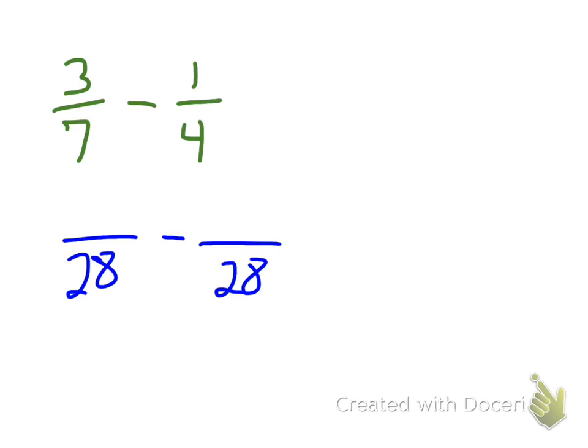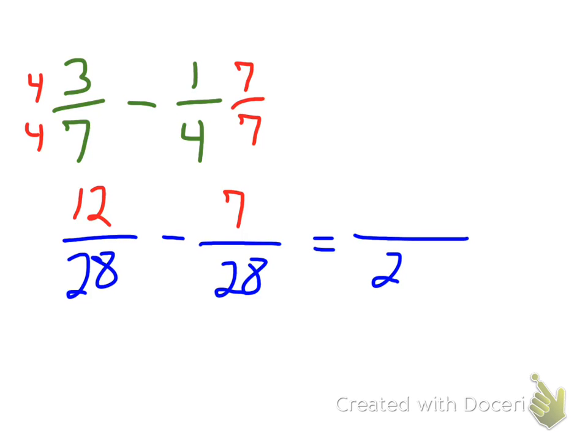So for 3/7, I multiply by 4/4, giving me 12/28. My 1/4, I multiply by 7/7, giving me 7/28. Once I have a common denominator of 28, I now subtract my numerators. 12 minus 7 is going to end up equaling 5.